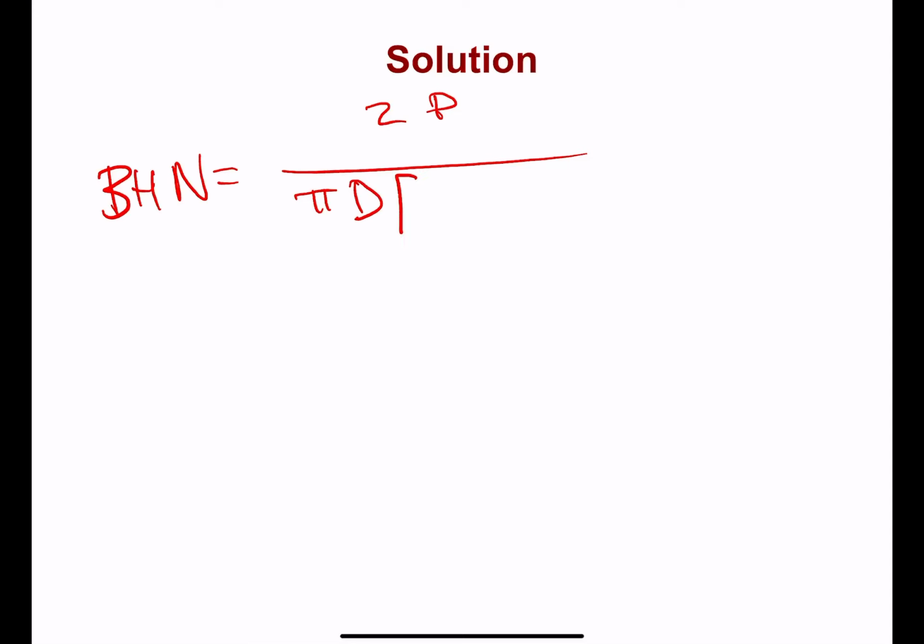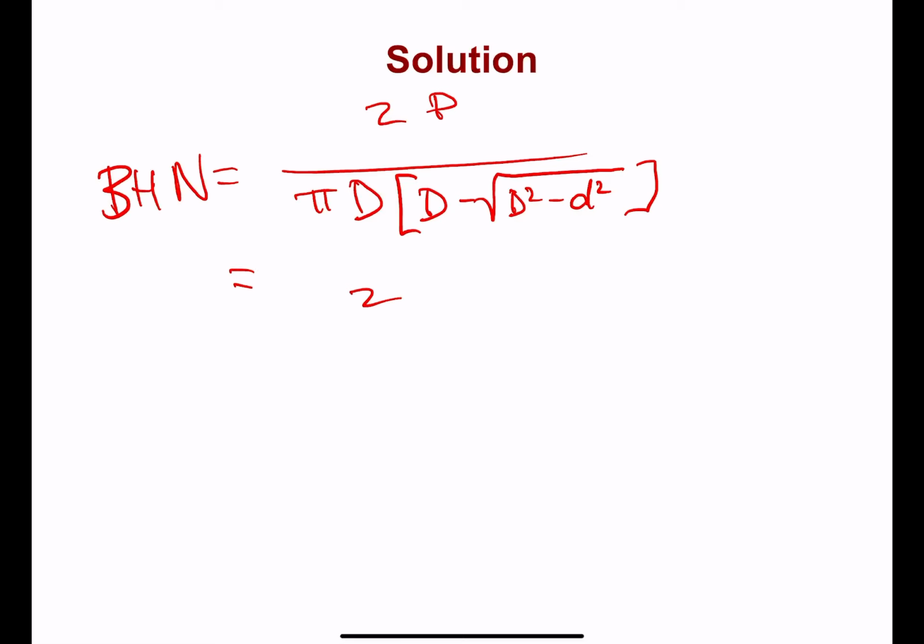Okay, so the BHN value is twice the load force divided by pi D times the quantity capital D minus the square root of capital D squared minus lowercase d squared. And we can simply apply values now.